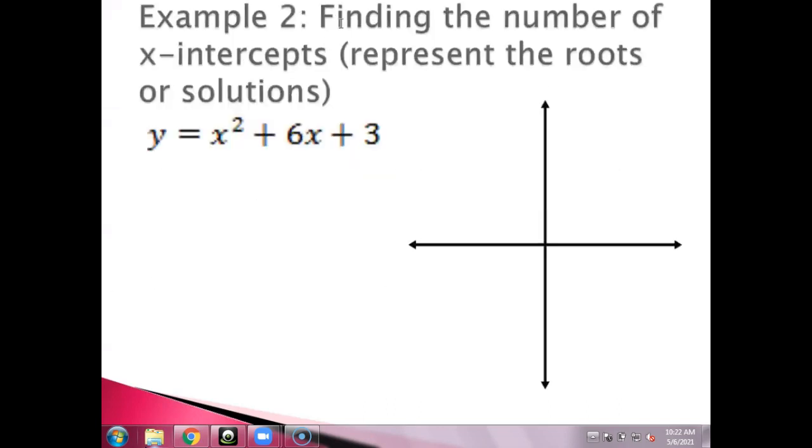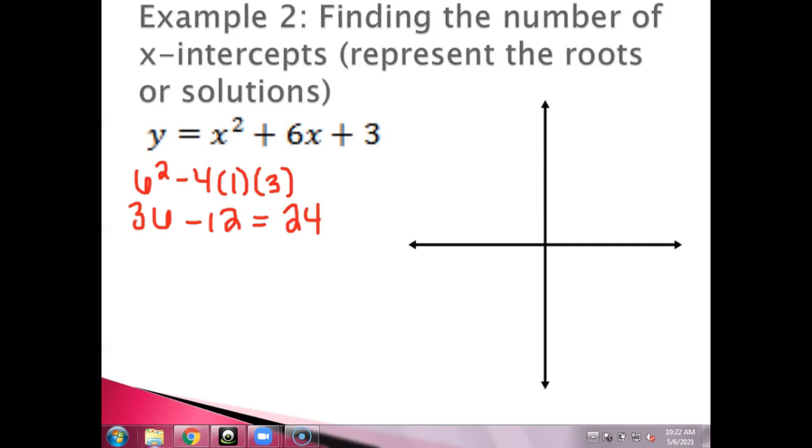So for example, here it says find the number of x-intercepts. Again, they represent the roots or solutions. So what you would do is find the discriminant of that. So you get a discriminant value of 24.